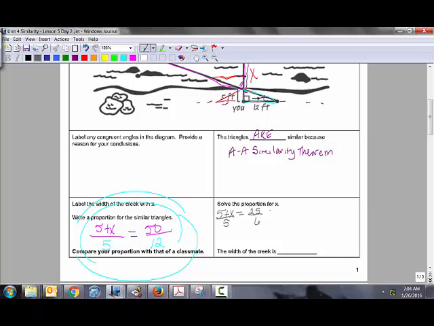That's about as simple as I can get. And now I'm going to use my cross product property of proportion. Take the product of the means equals the product of the extremes. Remembering, when I have 6 times 5 plus x, that means I have 6 5s, or 30, and 6 x's.